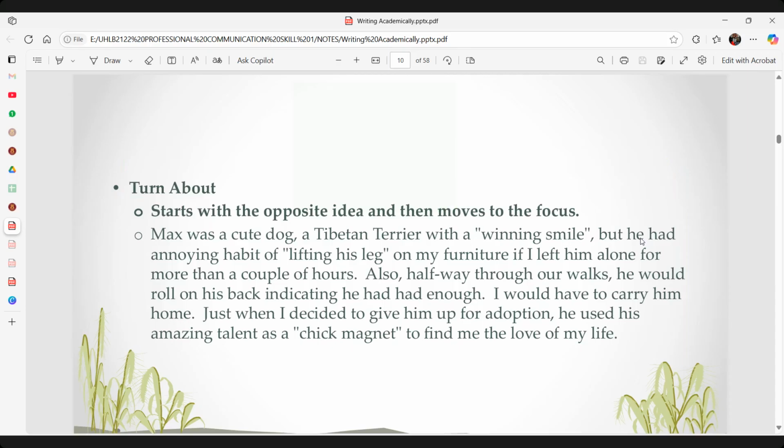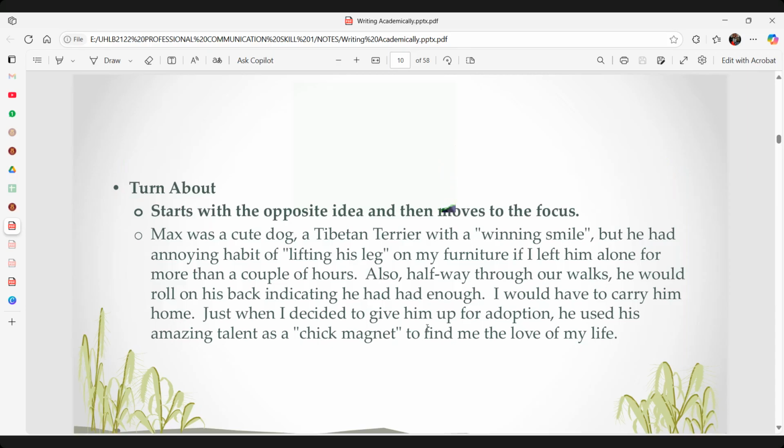It looks like you are heading straight, but at a juncture, you make a U-turn because you are going somewhere else, not going straight. So that is turnabout, right? Starts with the opposite idea and then moves to the focus. Well, personally, I kind of like this turnabout kind of introduction because, like I said, it's a pranking thing. It's not scamming. It's a prank to your reader. So it's like, oh, okay, that kind of reaction.